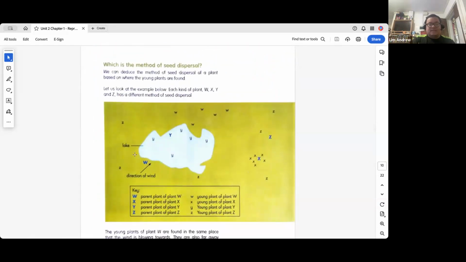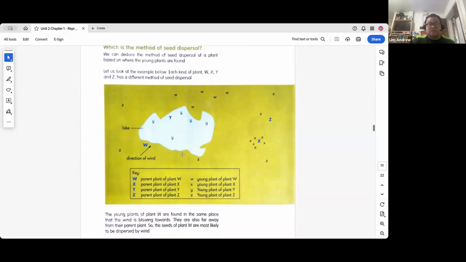So this graph shows a picture of 4 different plants: W, X, Y, and Z. All of them have different methods of seed dispersal.